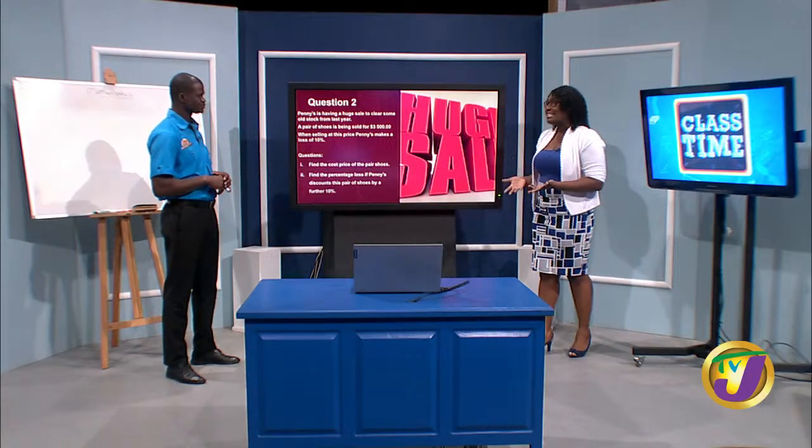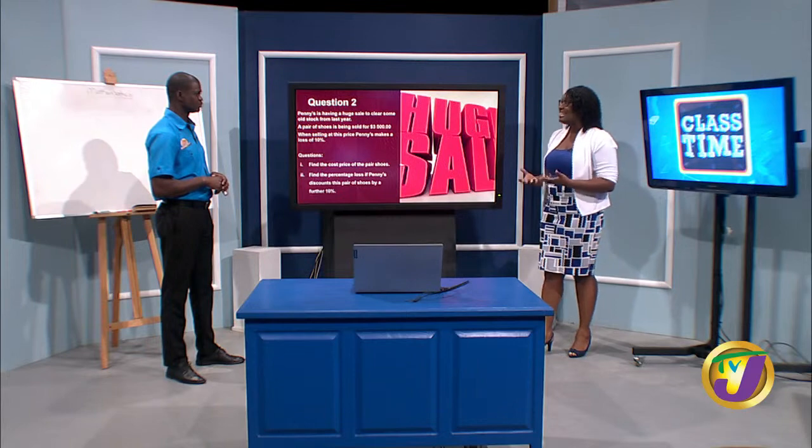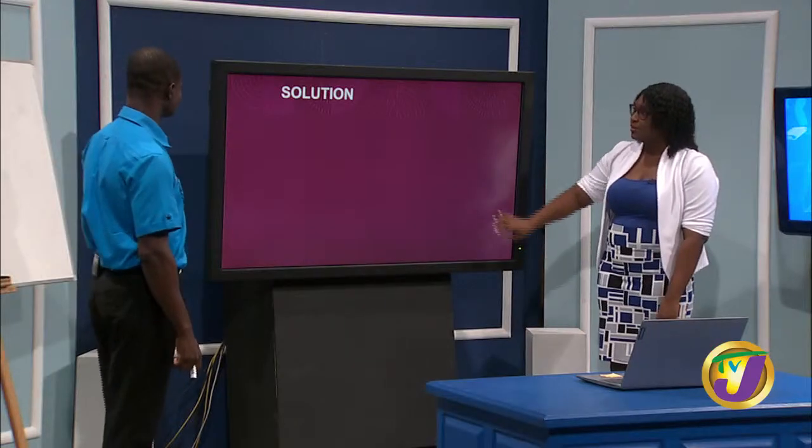Before we added, and now we're going to be subtracting. Our cost price is representative of 100%, and since we incurred a loss, we subtract 10% from that 100%. So my selling price here is actually 90%. We haven't touched any working out, we're just reasoning it out. So let's look at the solution.